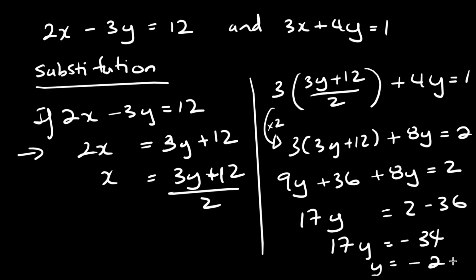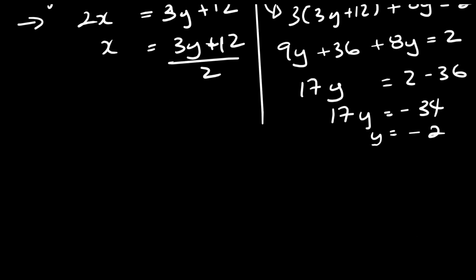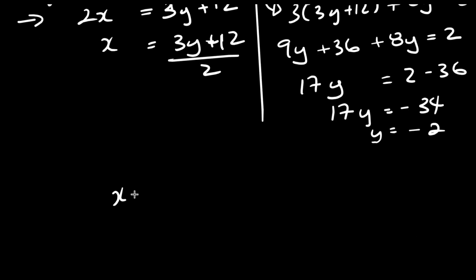So our solution, did we get anything else? We only have y so far, so we need to find the x, right? So let's plug that in. I already know that x is equal to (3y plus 12) over 2.